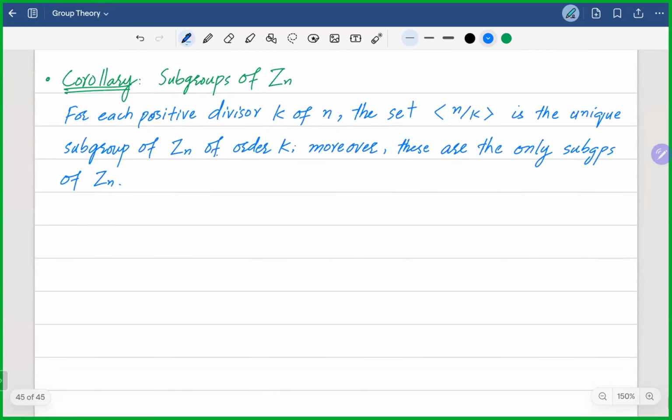Perfect. So if you have the group Zn, then the divisors of n, which are denoted by k at this time, are going to give the subgroups of that Zn.